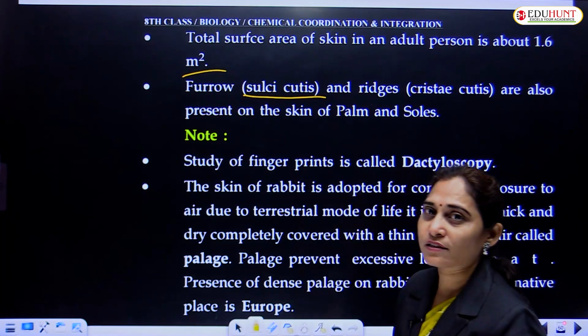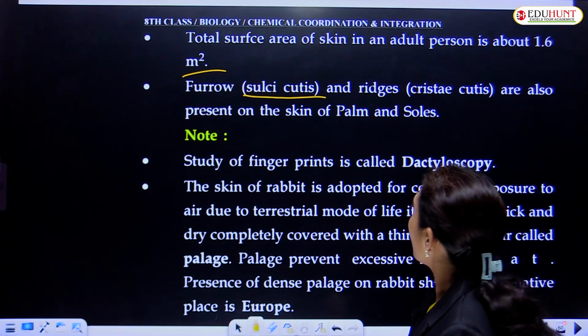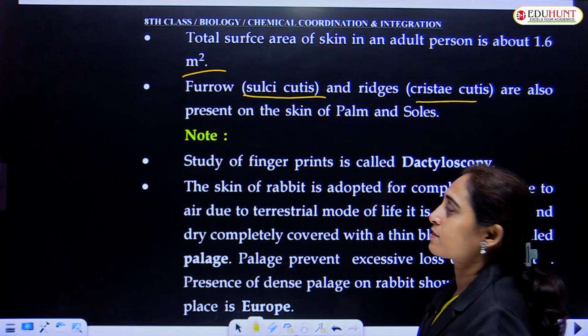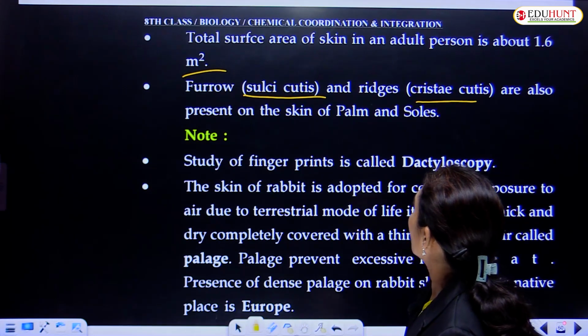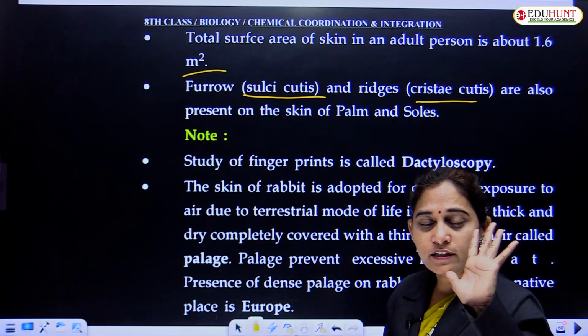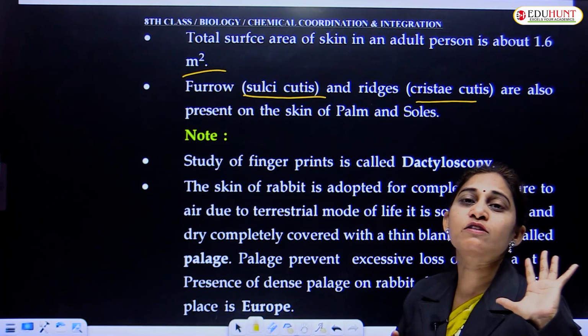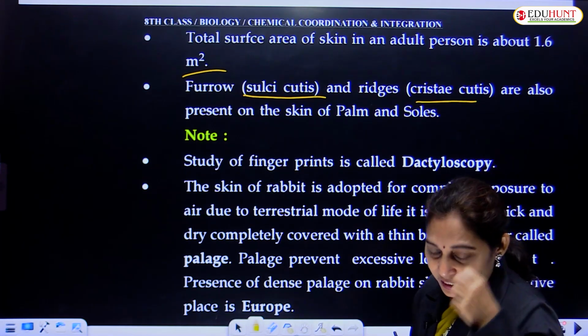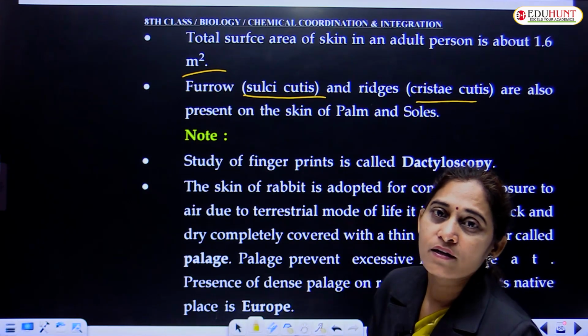Sulci cutis are the furrows seen on the skin, and cristae cutis are the ridges on the skin, especially very clear on palms and soles. The skin is even thicker at the palms and soles.